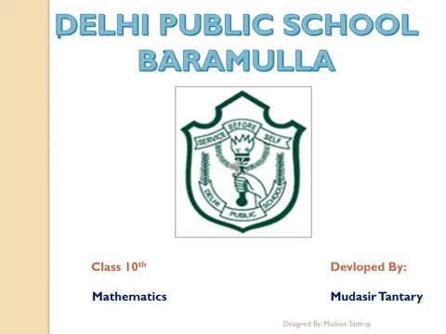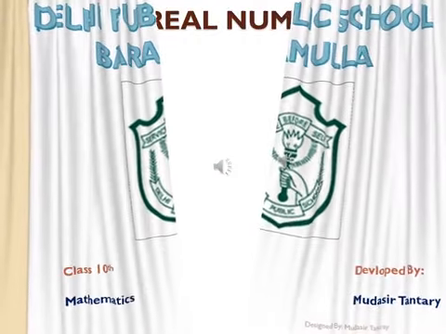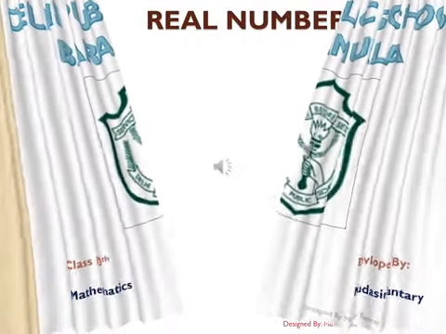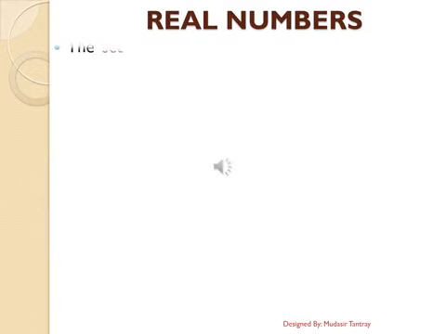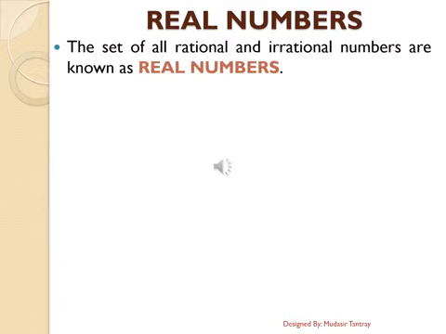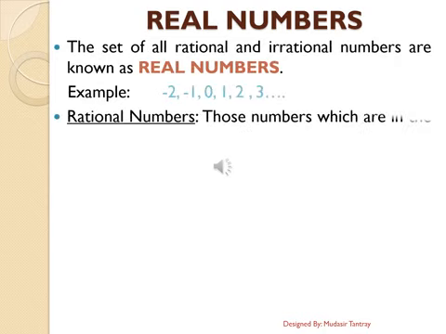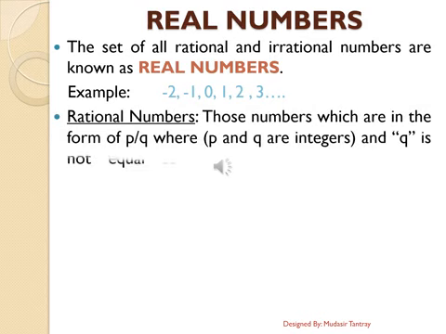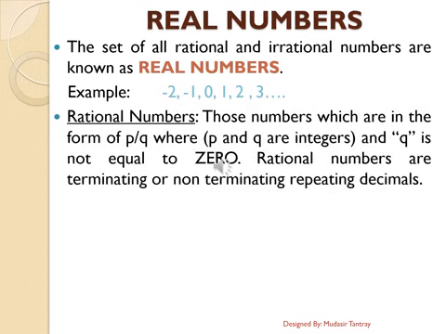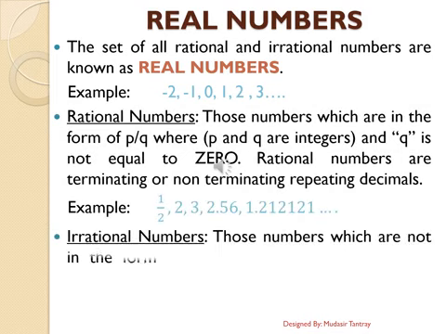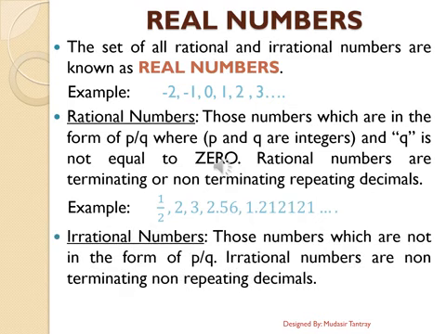Let's start our first topic, real numbers. Real numbers: the set of all rational and irrational numbers are known as real numbers.